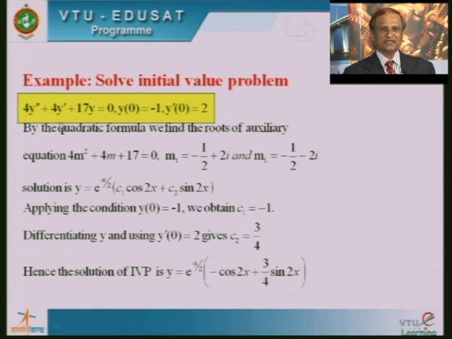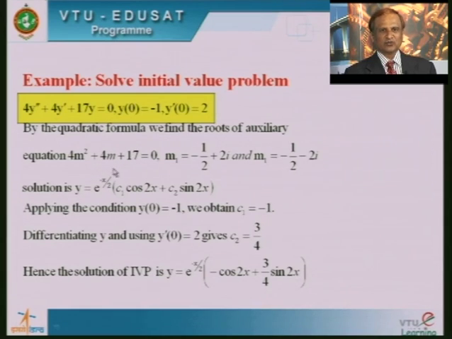Then again d can be replaced by m. I hope you can obtain this equation: 4m square plus 4m plus 17 is equal to 0. So, it is an auxiliary equation, a second degree polynomial, of the type quadratic equation. Is it clear?